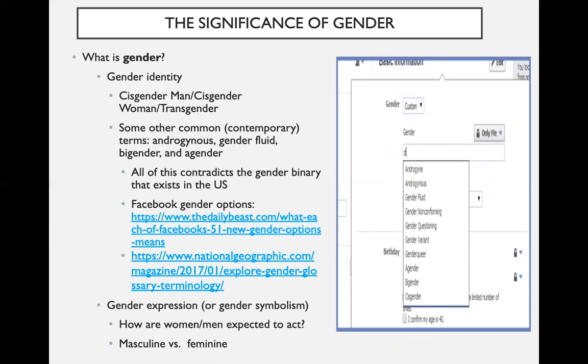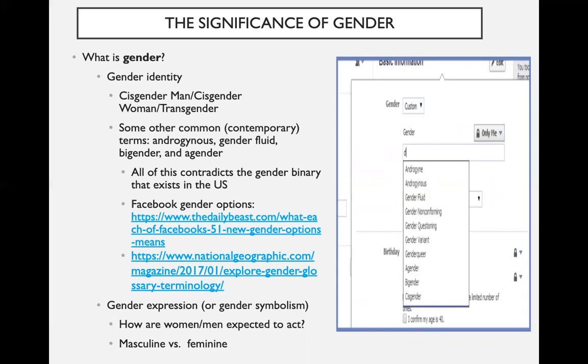We expect men to be masculine, and we'll talk more about masculinity, but when I say that, that relates to specific things in regards to appearance, behavior, emotions, likes and dislikes. And then when we talk about how we commonly expect women to behave and to present themselves, the term that we use is feminine.